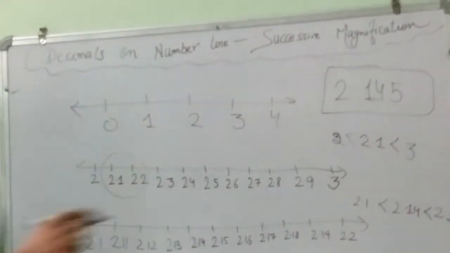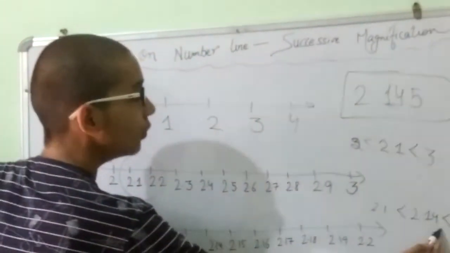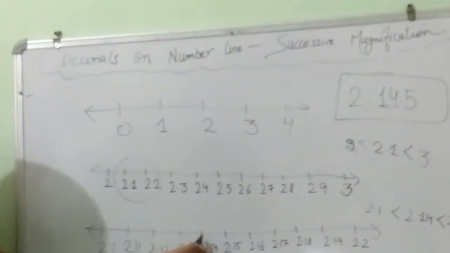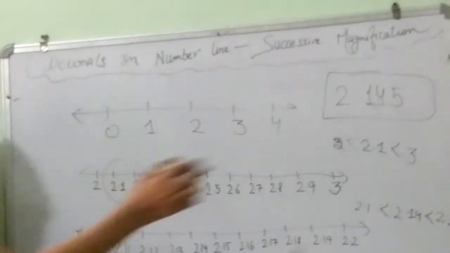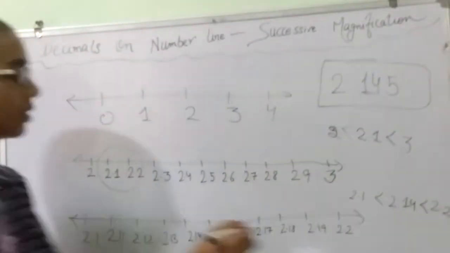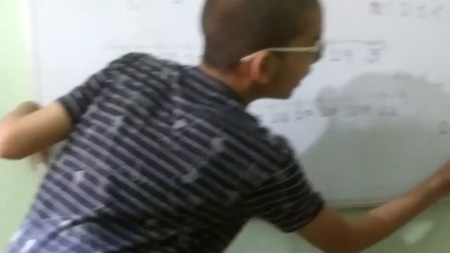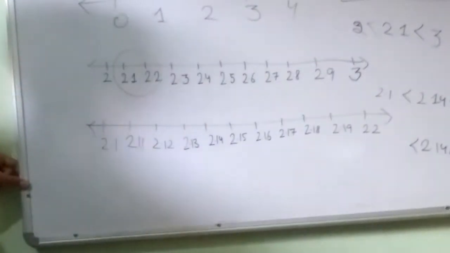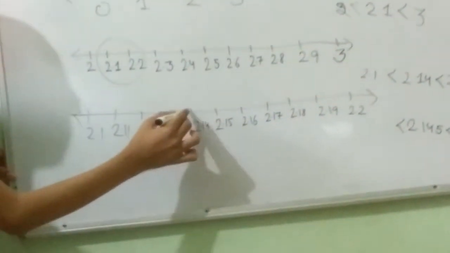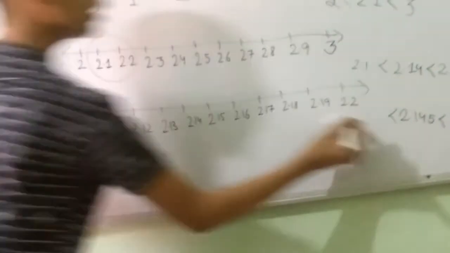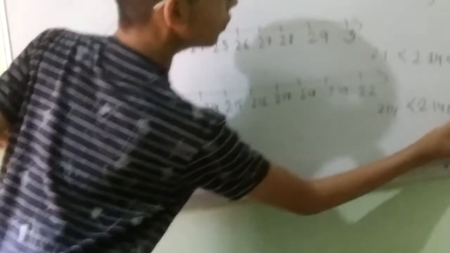Now what we have to do, 2.14. Here is 2.14, but there is another digit 5. Okay, so see, 2.145 will lie between which of these two numbers? 2.14 and 2.15. Clear? So 2.14 and 2.15.